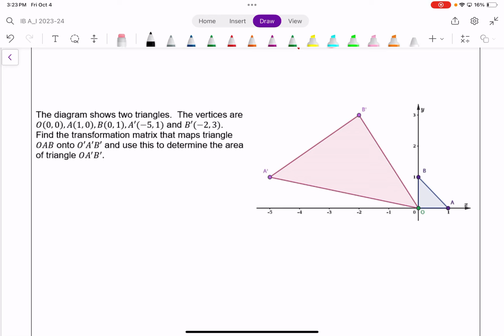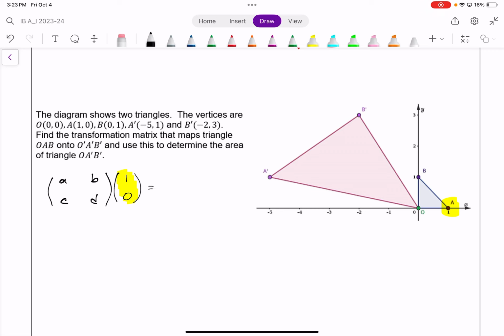Well, let's think about a matrix here where we have some transformation matrix, and I'll just call it A, B, C, D. Let's focus on point A, which is at 1, 0, or in this case, 1 over 0.